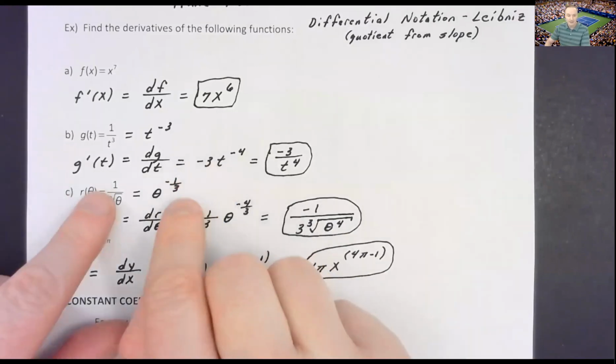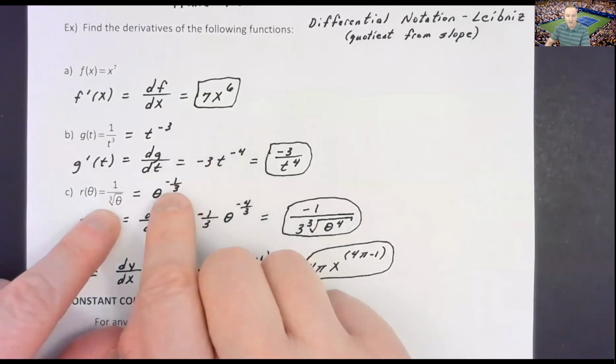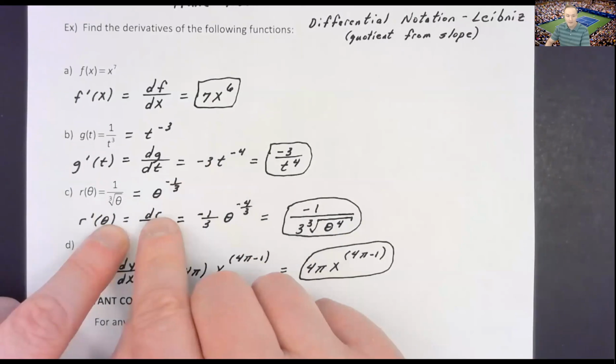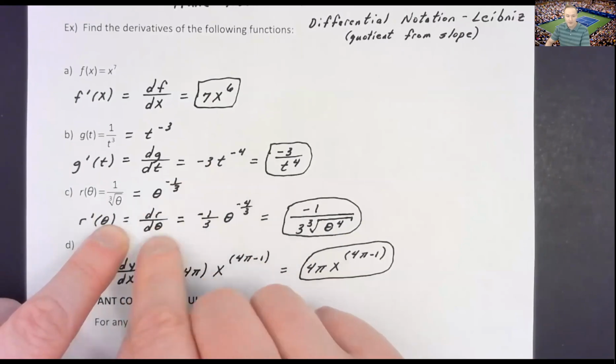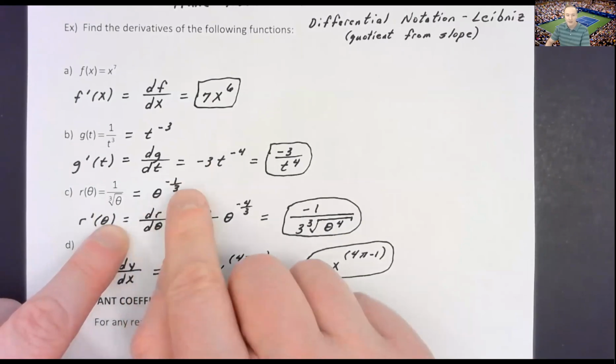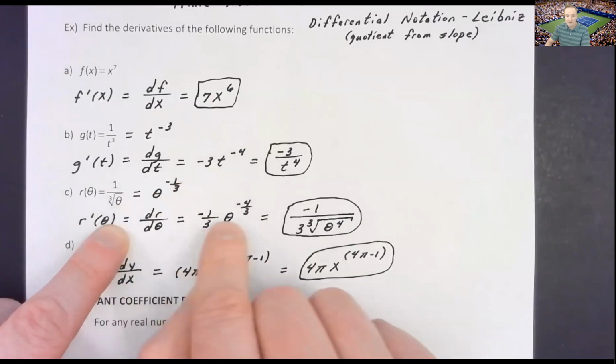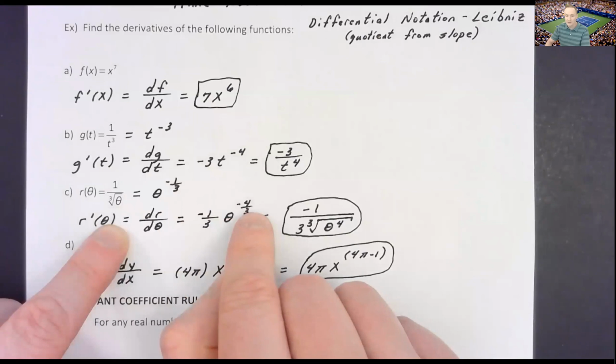So now I need to take the derivative of theta to the negative 1/3 power, and I can say, okay, I would call this derivative r prime of theta, or dr d theta, the derivative of r with respect to theta. Its derivative is going to be negative 1/3 comes down in front, times theta to the 1 less power. Well, negative 1/3 minus 1 is negative 4/3. So this would be my derivative answer.